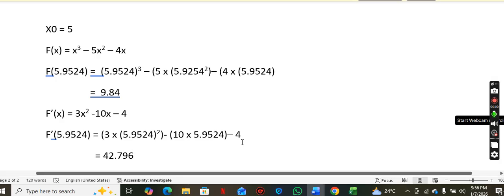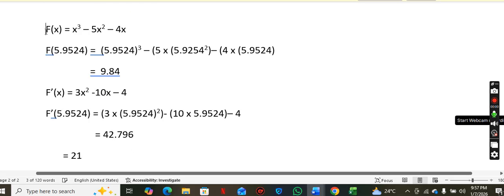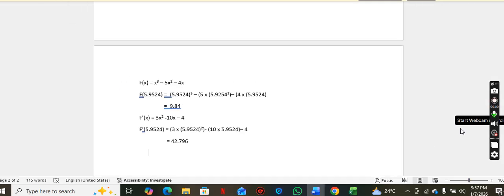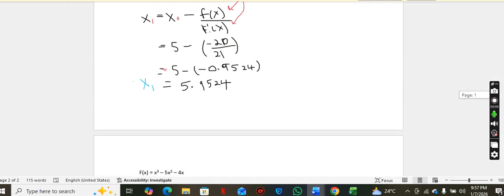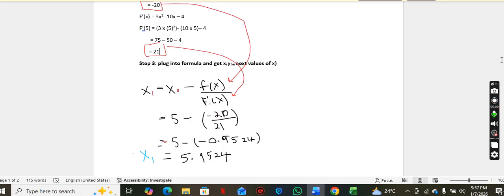Okay, so now you need to find x2. Okay, so we use the same formula here.